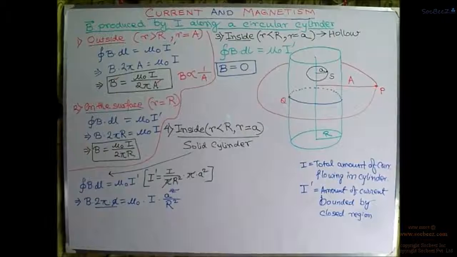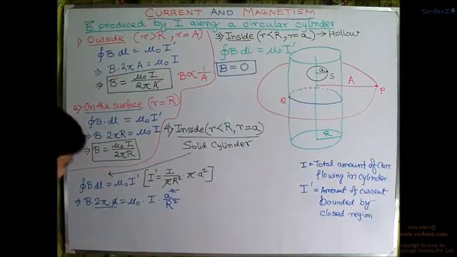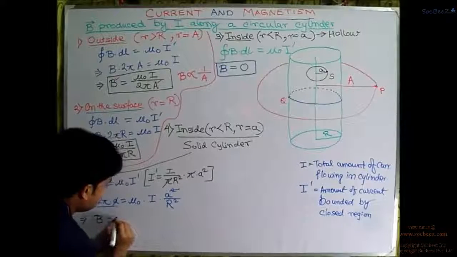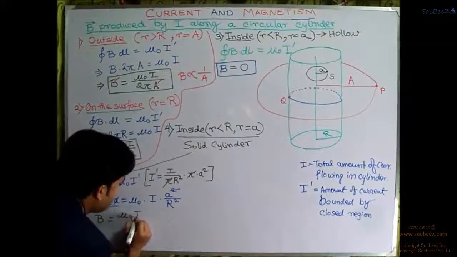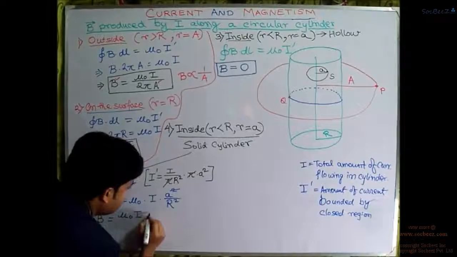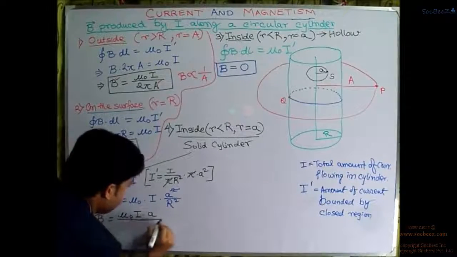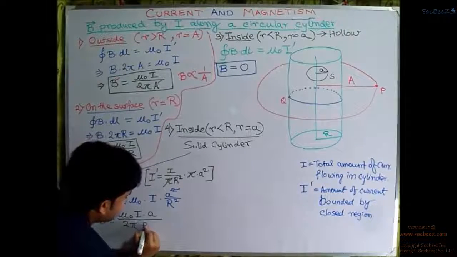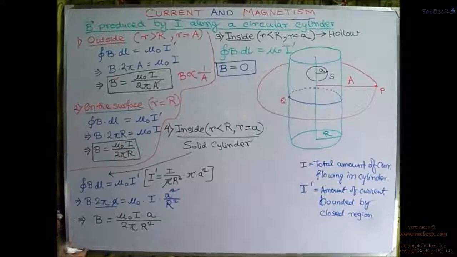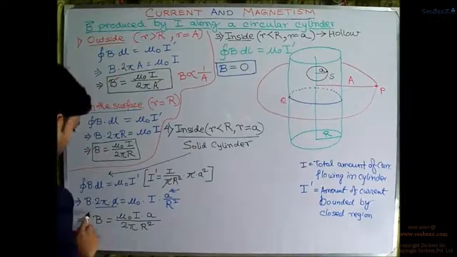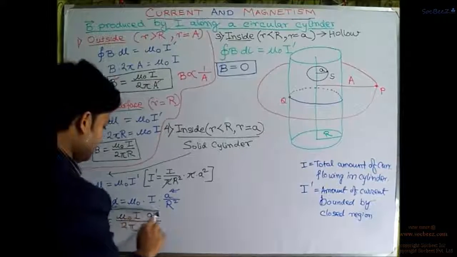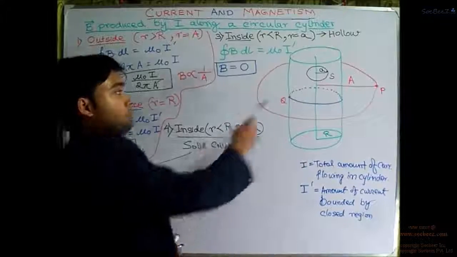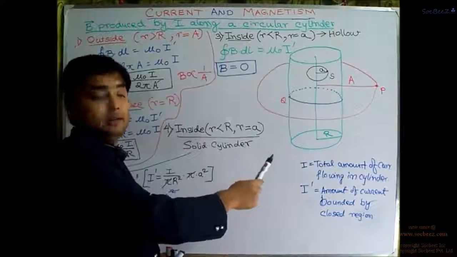We find the expression for B as B equals mu naught I multiplied by a divided by 2 pi capital R square, right? So this will be the expression for B when the point is inside.